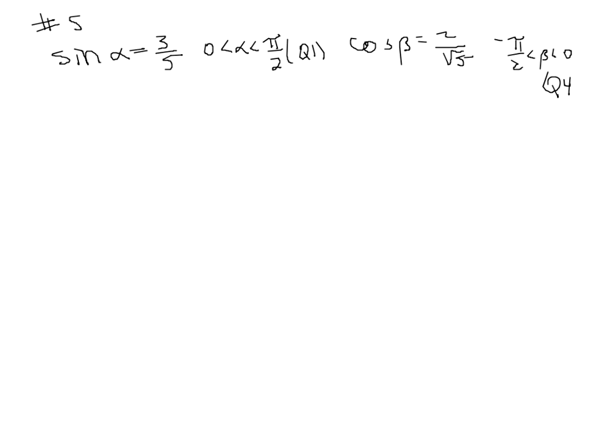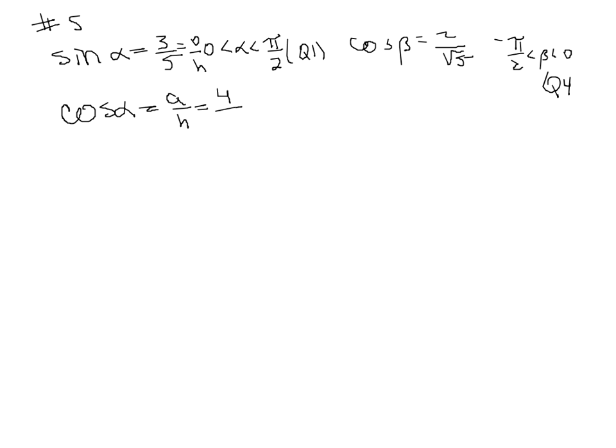Okay, so one of the first things I need to do is find the other trig functions. So if sine alpha is 3/5, that's going to be opposite, and that's hypotenuse. Cosine alpha is going to be, I'm sorry, adjacent over hypotenuse.